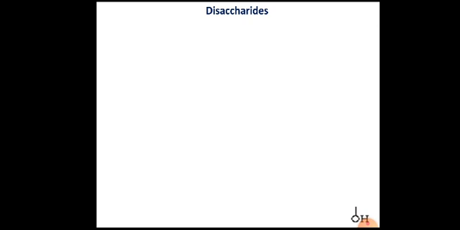The second class of carbohydrates is disaccharide. As the name indicates, when two monosaccharides link together, it leads to the formation of a disaccharide molecule. These can be among the examples that we have discussed earlier.